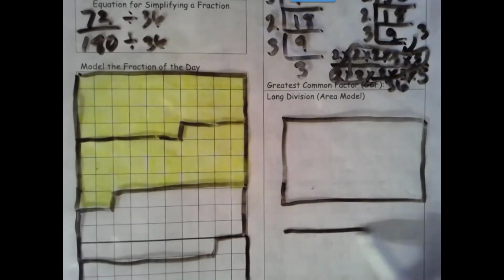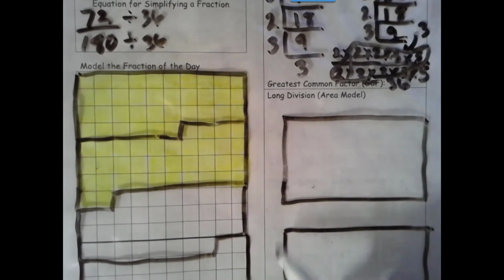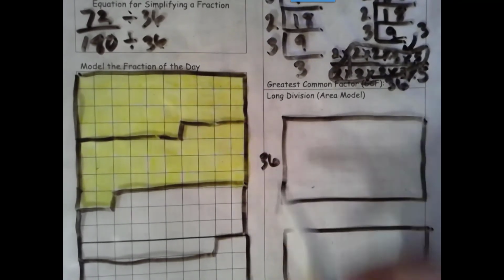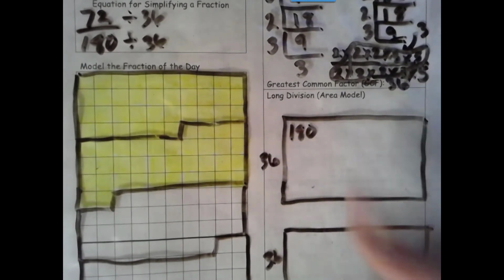We need to always check our answers in another way, just to make sure we are correct. So I'm dividing 180 by 36.